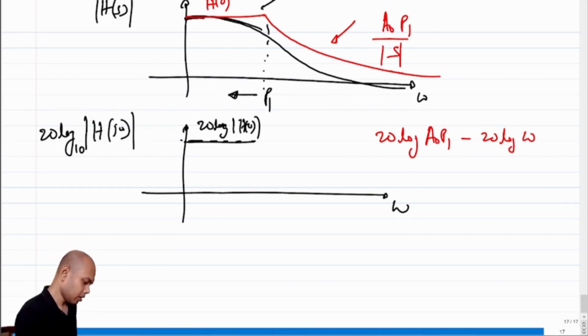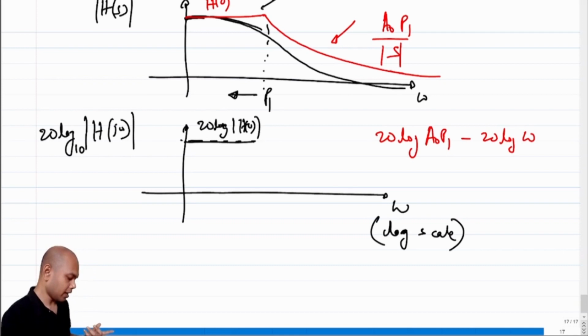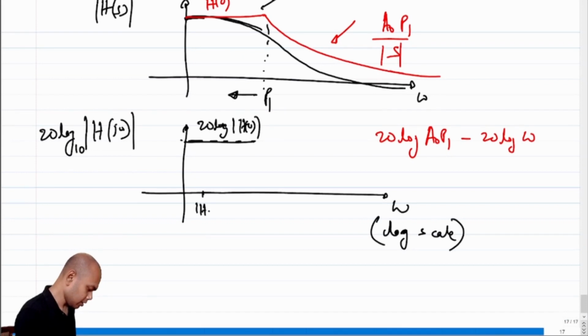Okay, fine. And if we also express this axis in log scale, by log scale, what do I mean? What I essentially mean is that if, let's say, this is 1 Hz and I go some increment and I say this is 10 Hz, right?